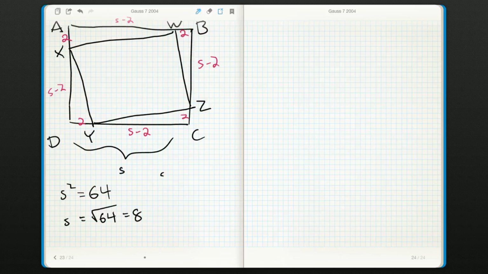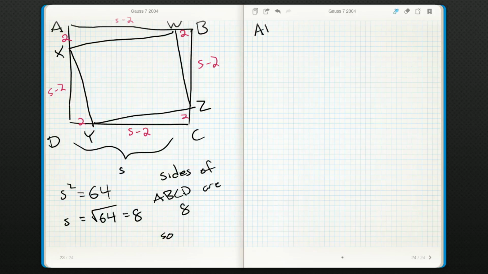All right, the sides of ABCD are 8. So we can work out AW and BZ and CY and DX. All of these must be 8 minus 2. That's 6.